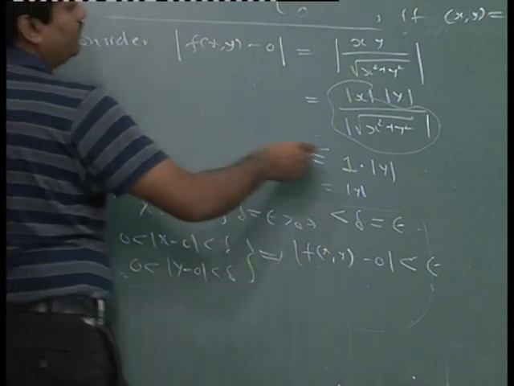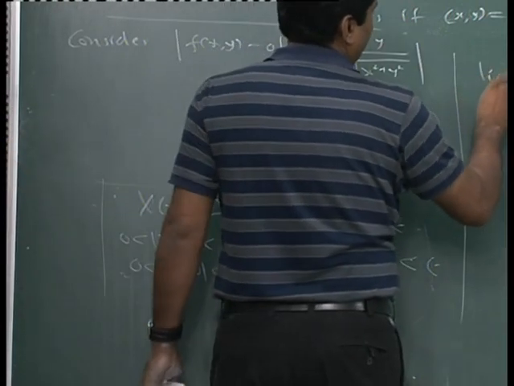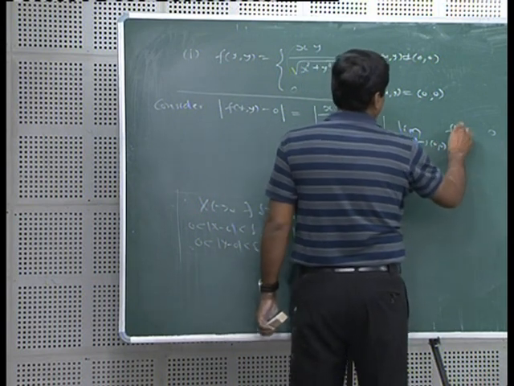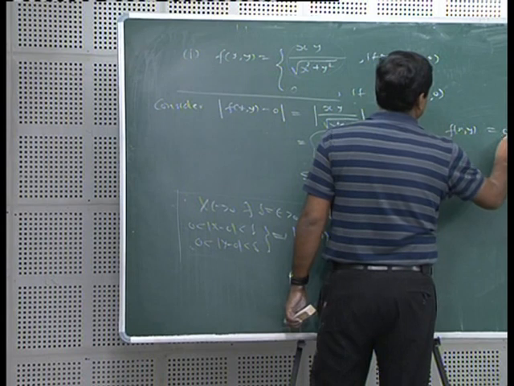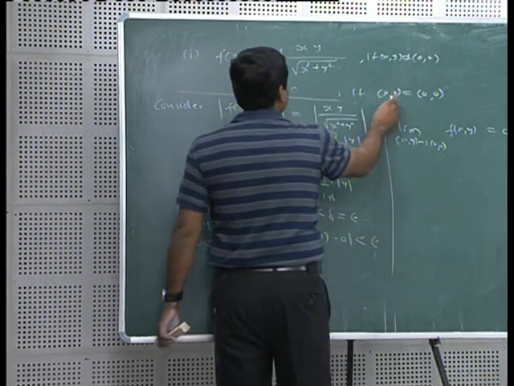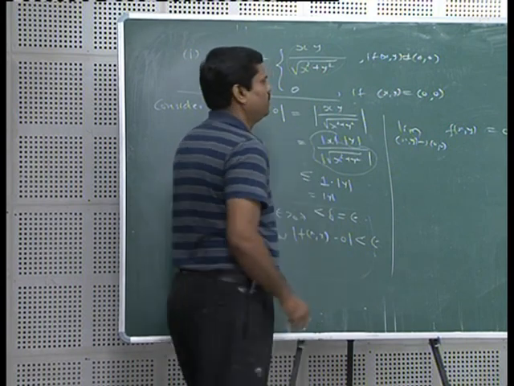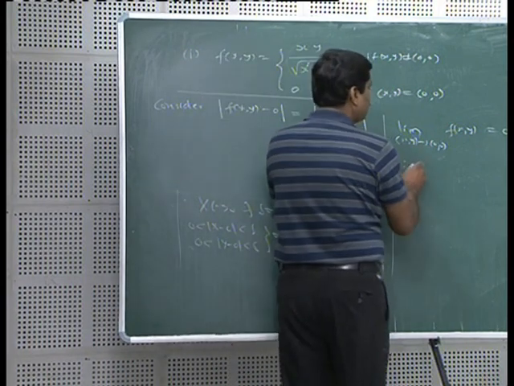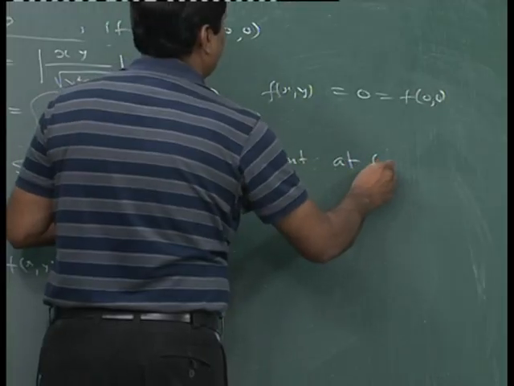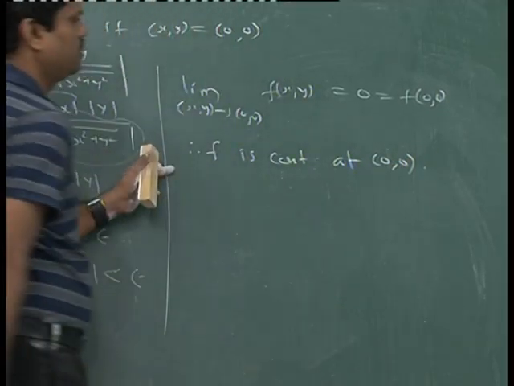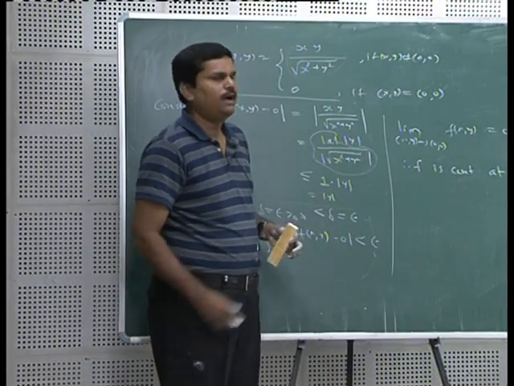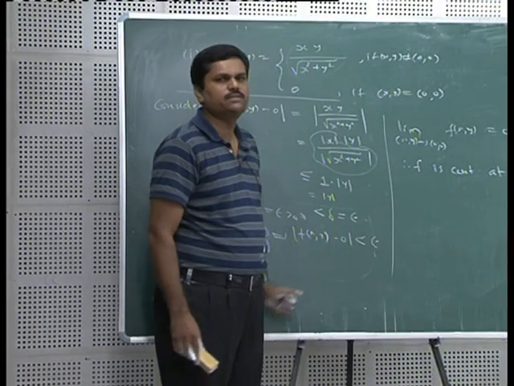It says that the limit as (x, y) tends to (0, 0) of f(x, y) is 0, but this 0 is the same as f(0, 0). The value of the function at (0, 0) is also 0. Hence, what is the conclusion? I can say the function is continuous at the point (0, 0). So, our first example shows that the function is continuous at the point.